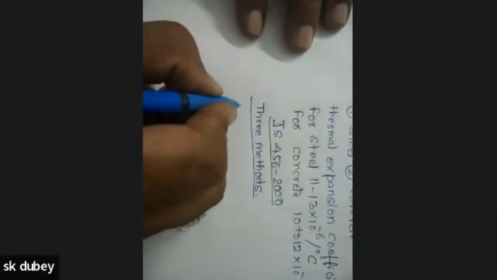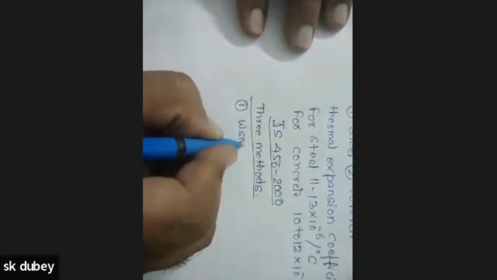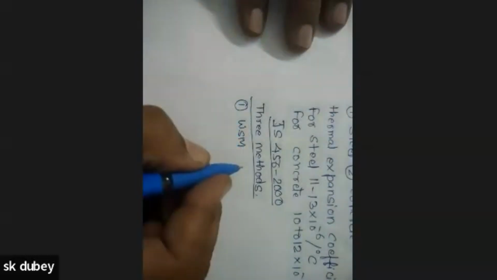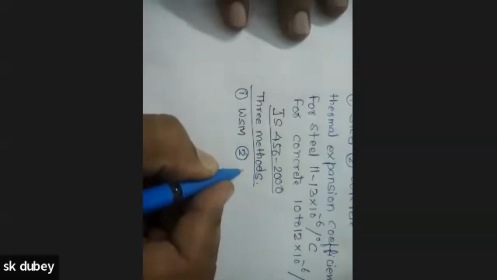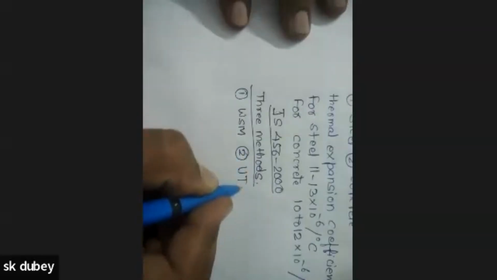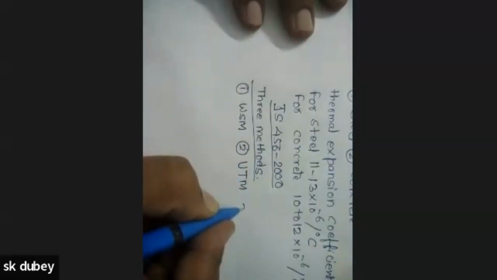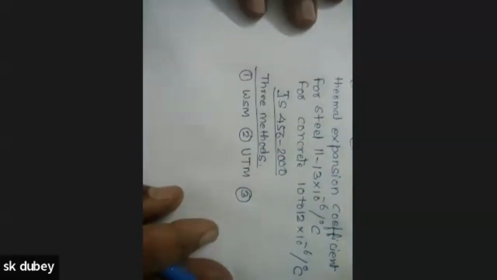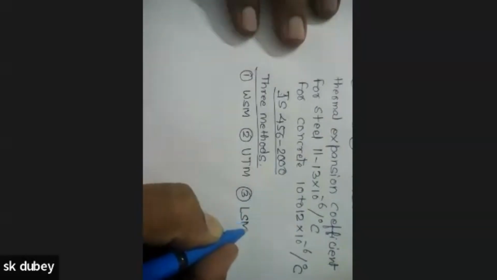All of these three methods are WSM, working stress method. The second one is ultimate load method, and the third one is LSM. Nowadays, in general, we are using LSM.